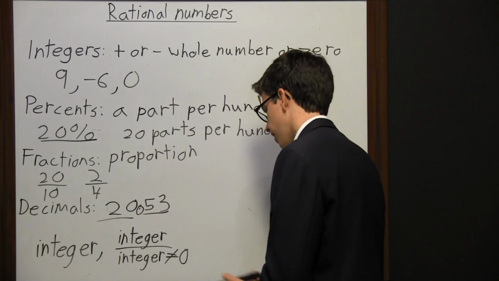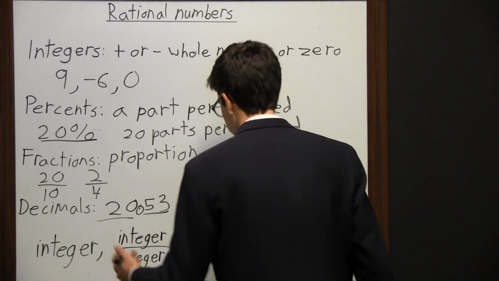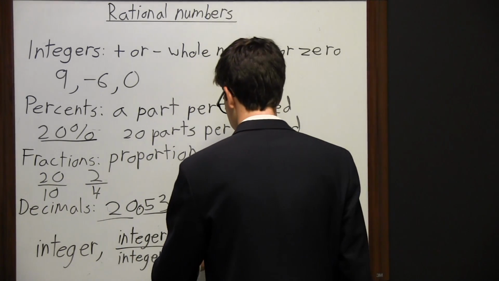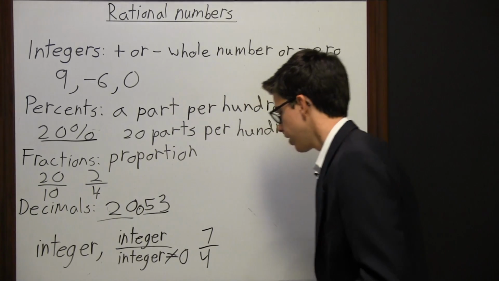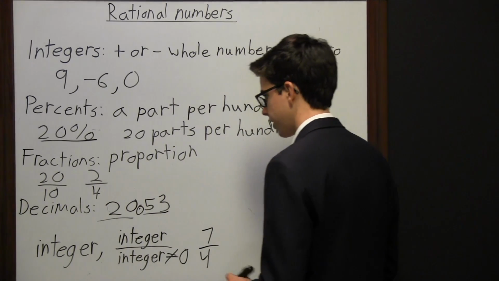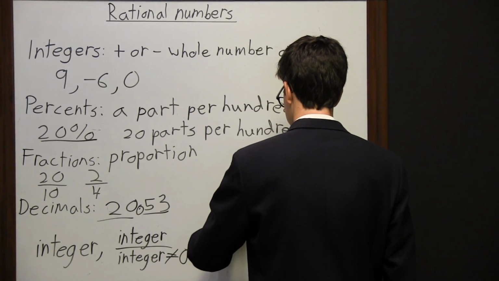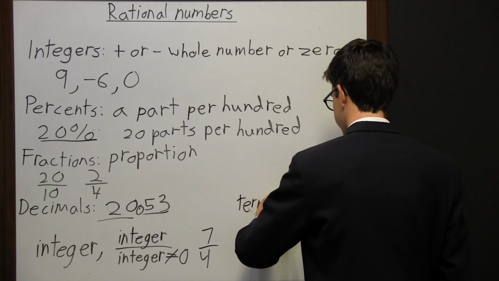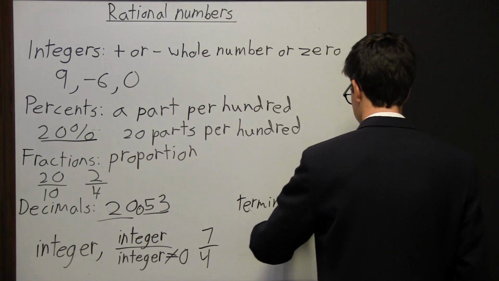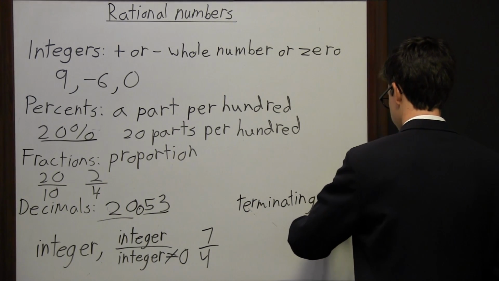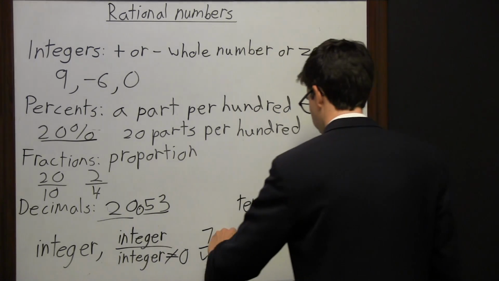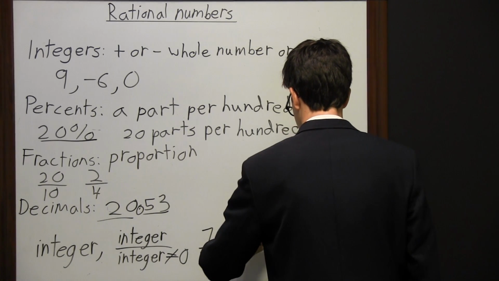So it's an integer divided by an integer. So 7 divided by 4 cuts it. That works. Now, decimals are a little bit more complicated because it either has to be a terminating decimal or a repeating decimal.